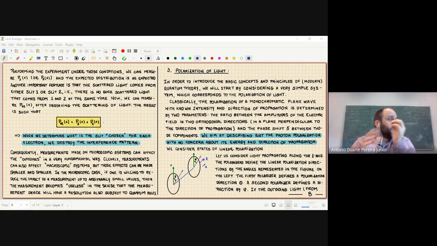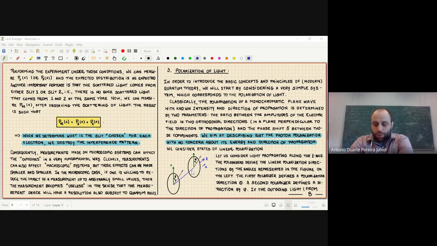This is something that immediately brings some confusion. To begin with, when I throw photons against this polarizer, there are two options.